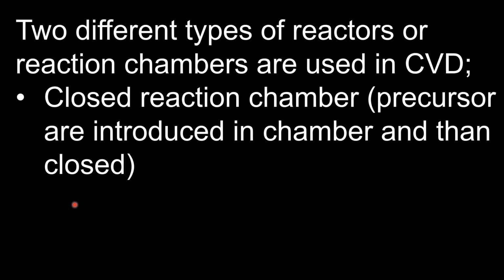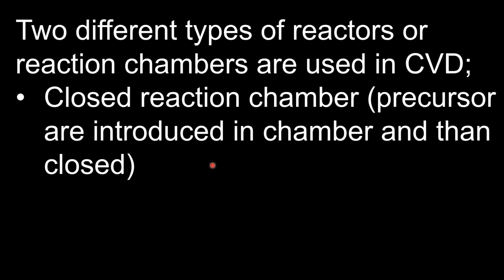Okay, so there is not a continuous flow of the precursor material after the reaction chamber gets closed. So closed reaction chambers are rarely used in chemical vapor deposition processes because you cannot control the flow of the precursors inside the reaction chamber if it is a closed reaction chamber.